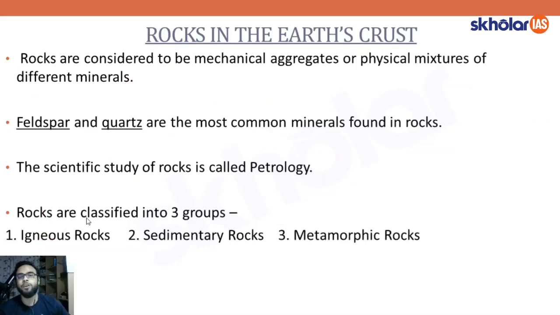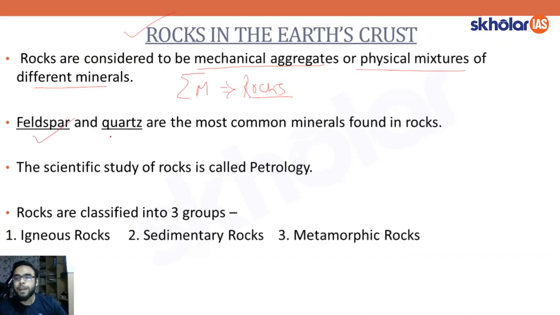Fine. Alright. So since we have talked about the elements on the earth's crust as well as the minerals, now let us move on to the next topic and understand the rocks in the earth's crust. Now rocks are considered to be what? These are considered to be mechanical aggregates or physical mixtures of different minerals. We have already defined, right? So all the minerals will aggregate, which will result in formation of rocks.